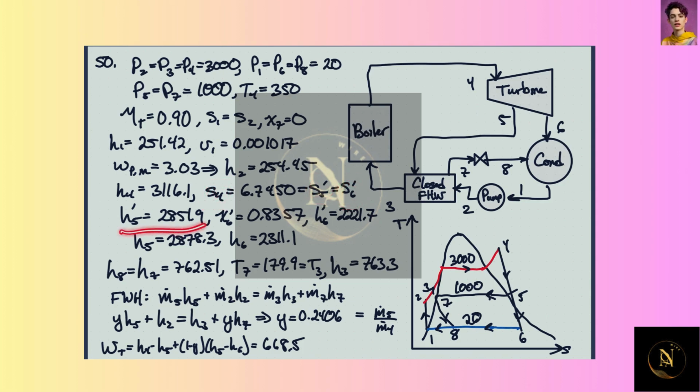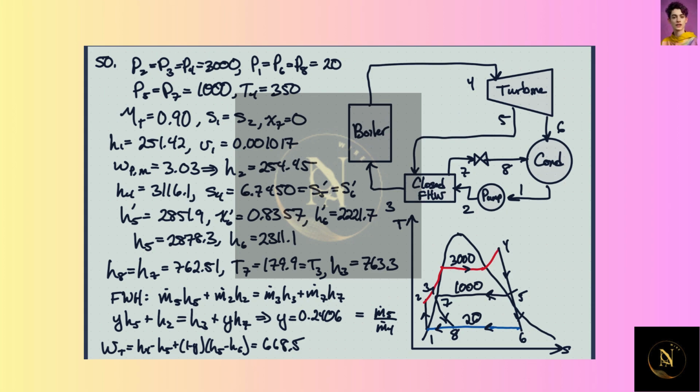So we can get the isentropic enthalpy at 5, the isentropic quality at 6, and the isentropic enthalpy at 6. And then using the turbine efficiency, we can get the actual enthalpy at 5 and at 6. So that's really where the difference comes in.